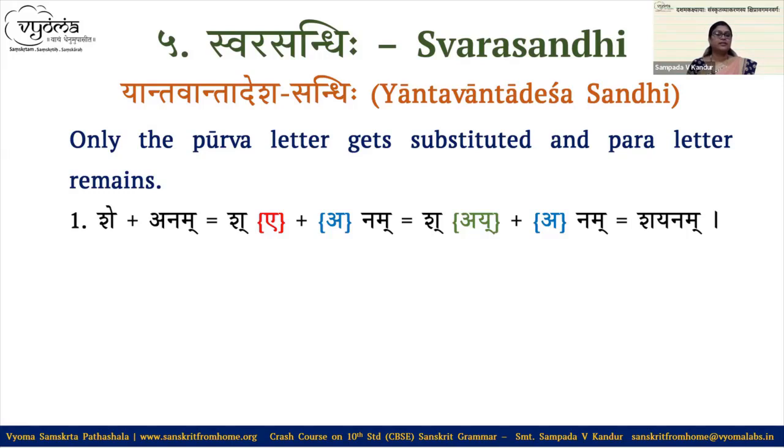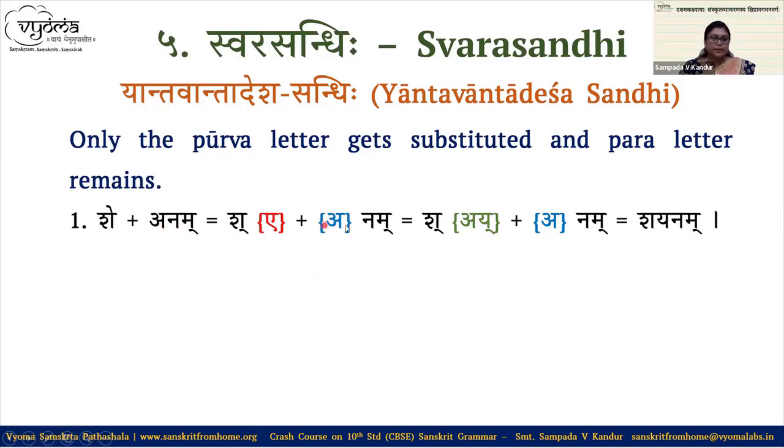How is it changed? See carefully once again. This is A ki matra, Sha plus A. Understand it. If you are not understanding, just split the letters. Do Varna vibhajanam, then you will understand. Sha plus A. This is A. Sha is removed.